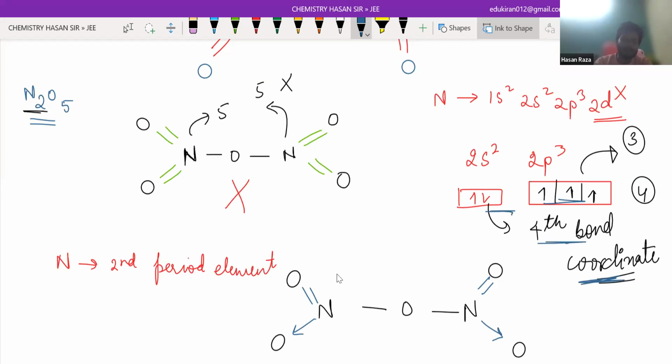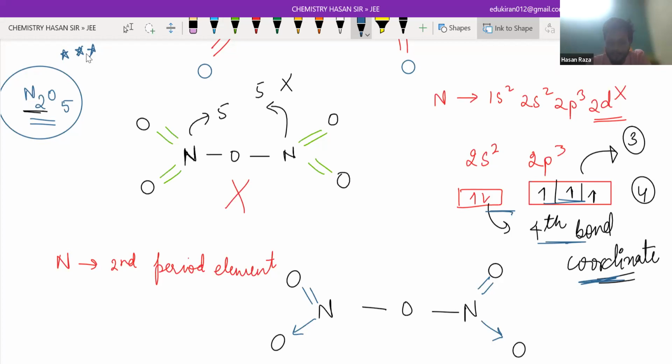Coordinate bond. So the structure of N2O5 will be like this, and it is very, very important. You will know the importance of this structure when you study the inorganic chemistry of class 12, like p block, d block.